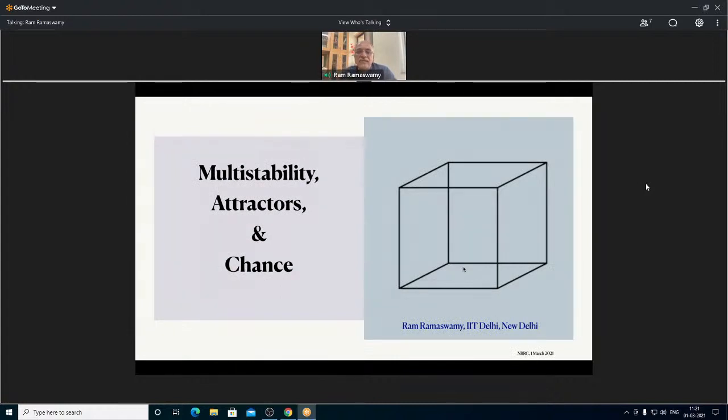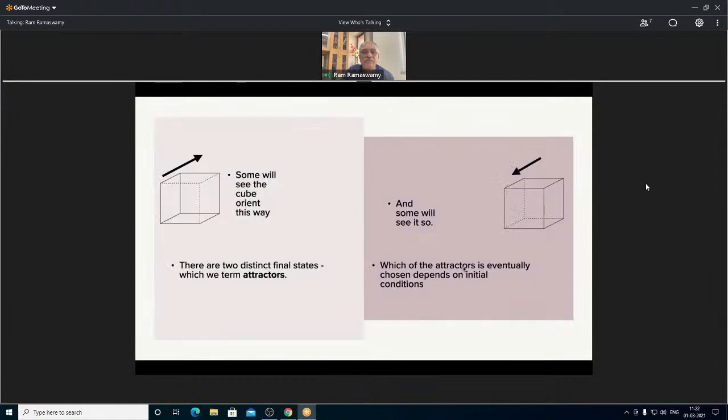Some will start out seeing this cube coming out, and then they will see it going, coming out to the right, or then going out to the left, etc. And you'll see the switch between these two distinct final states, which are the two attractors. So bistability, this is an example of bistability, is something that we actually know a lot about in visual neuroscience.